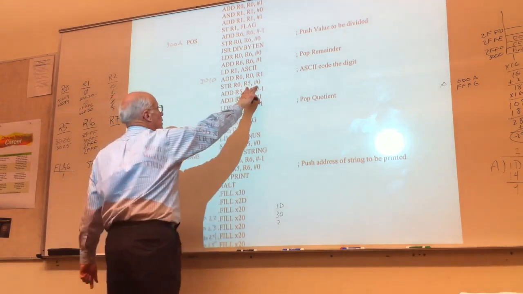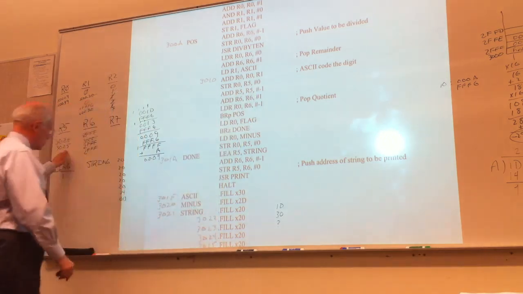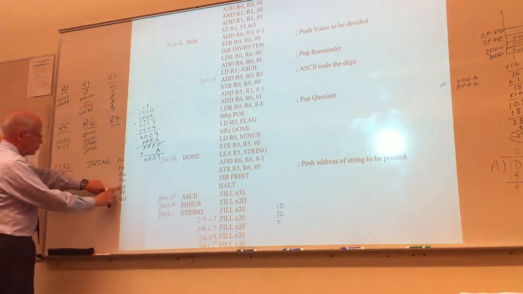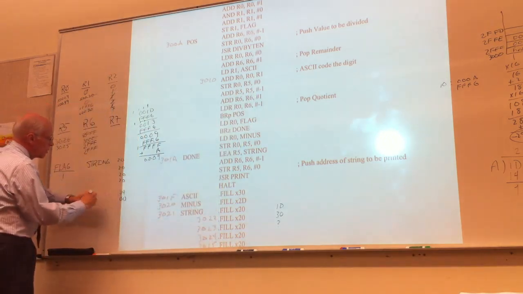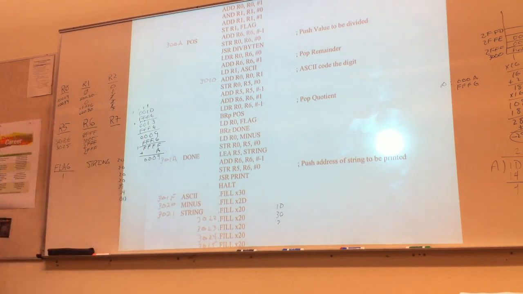And we store it in the location whose address is in register 5. That's 3025. That's this one. So now we get a 39 in there. Okay, that's the way the divide by 10 routine works. You see, you have to be really cautious that it doesn't mess up anything in the main program.